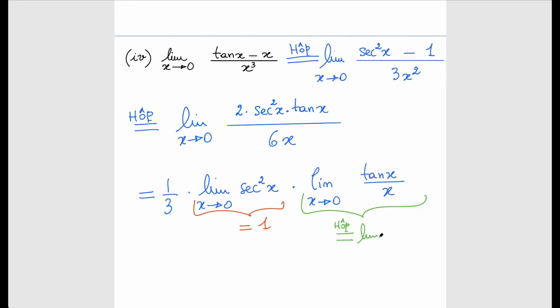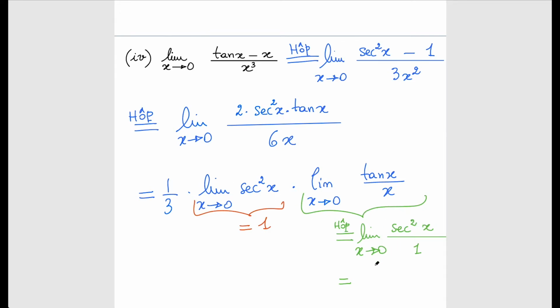And we obtain the derivative of tangent, which is secant squared with respect to x here, so secant squared x divided by 1. The derivative of x is 1. And this is the limit as x approaches 0 of secant squared x.